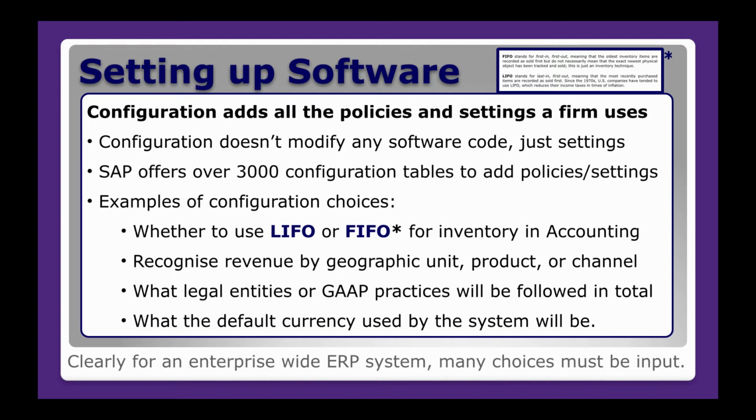First in first out means you use the inventory that comes in first, and you may have other inventory that comes in, but you take that first inventory and use it in the product. Last in first out means that the most recent deliveries get used in production.